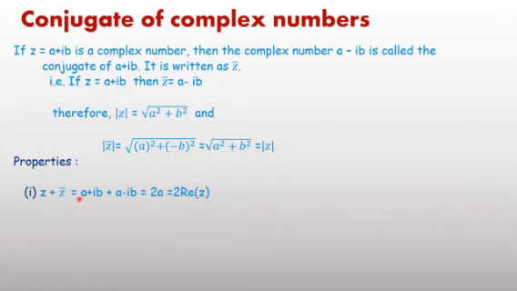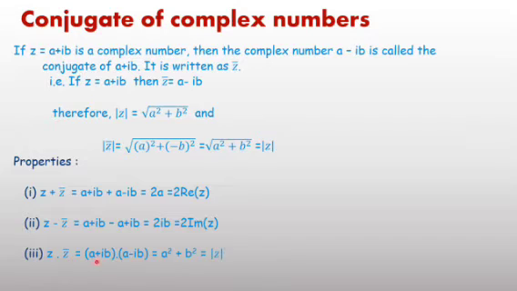Some properties: Z plus Z bar, add a complex number and its conjugate, we will get 2a or 2 times the real part of Z. Z minus Z bar, subtract, we will get 2 times the imaginary part of Z. And the product Z into Z bar, just multiply, you will get a square plus b square, which is mod of Z square or mod of Z bar square.